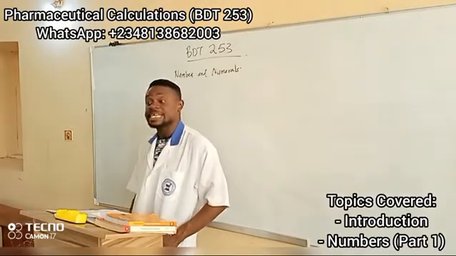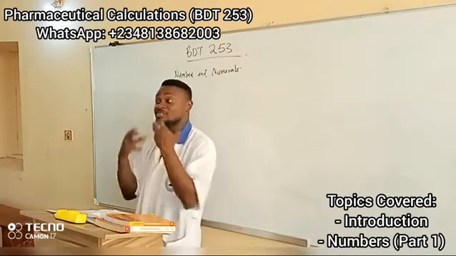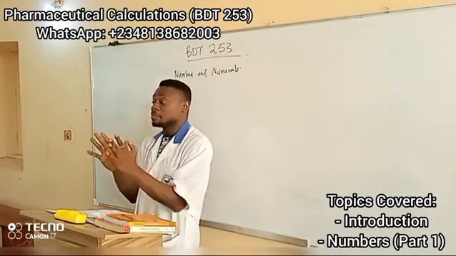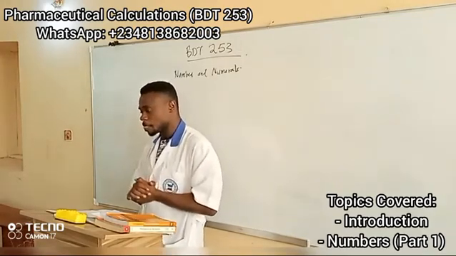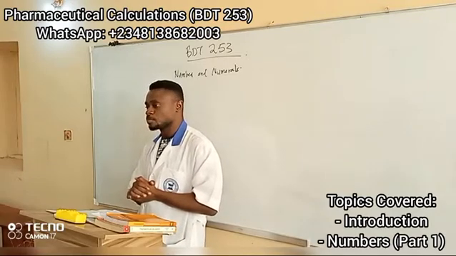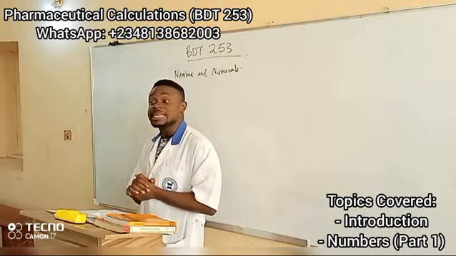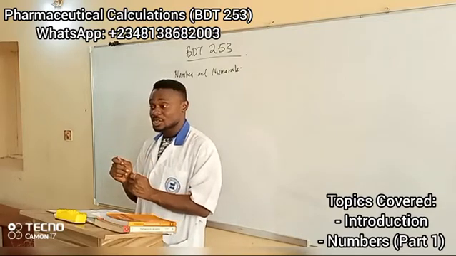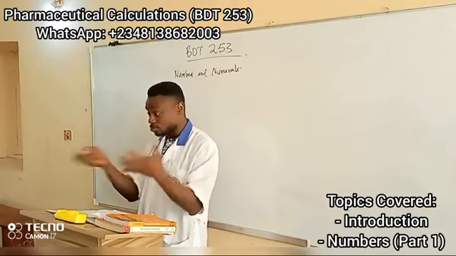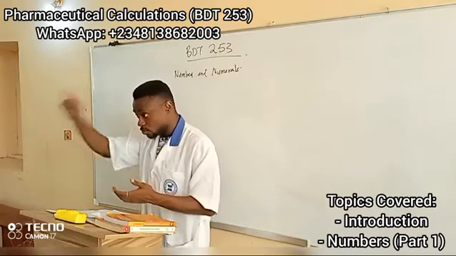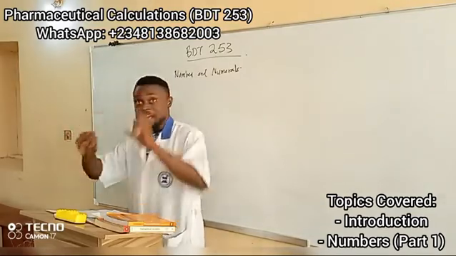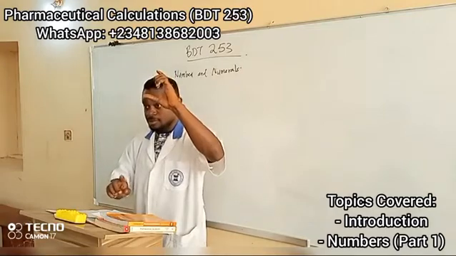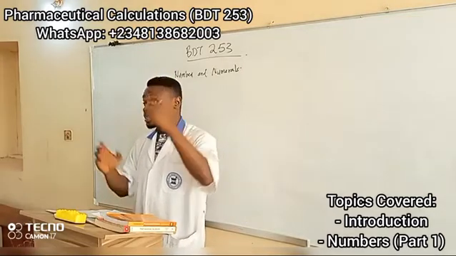So that idea which is abstract, you conceive in your mind, is a number. Any idea you conceive in your mind that is geared towards helping you to be able to count 1, 2, 3, 4, or measure is a number.